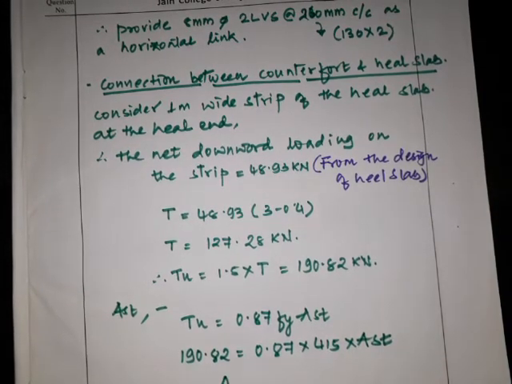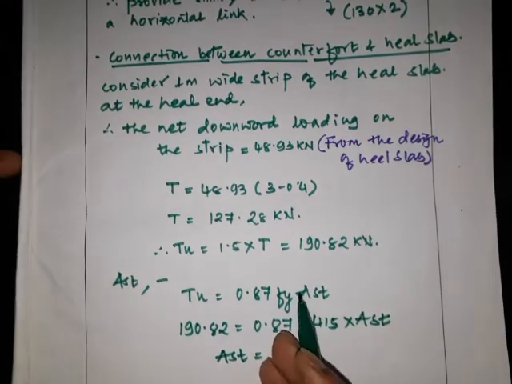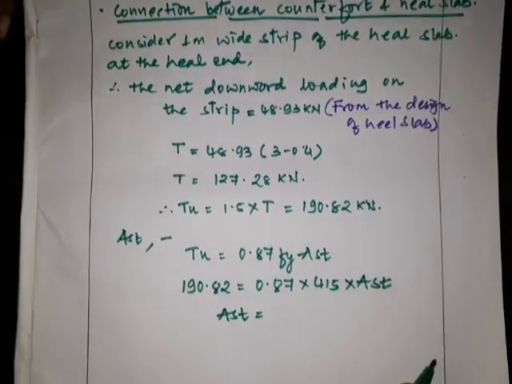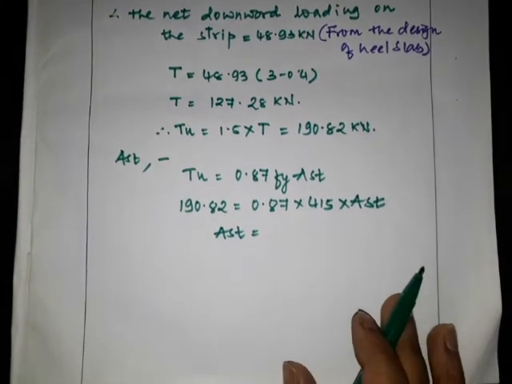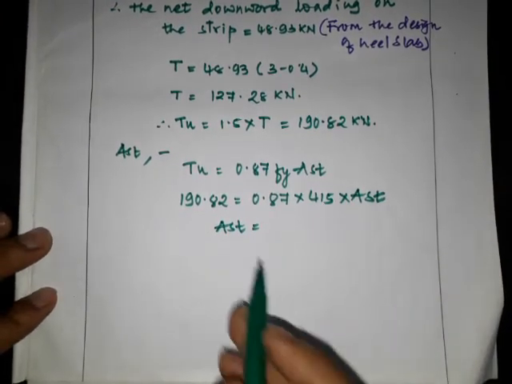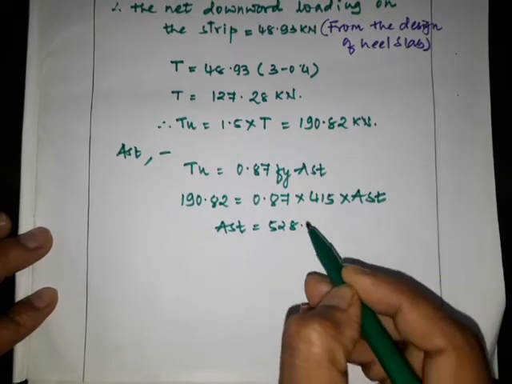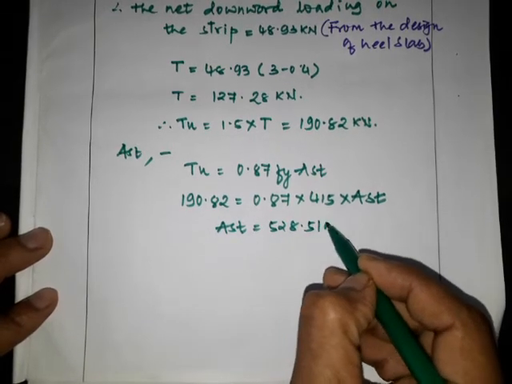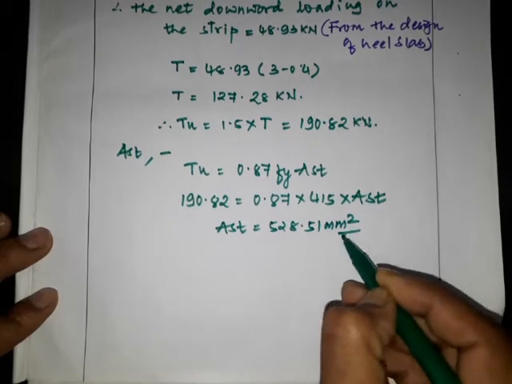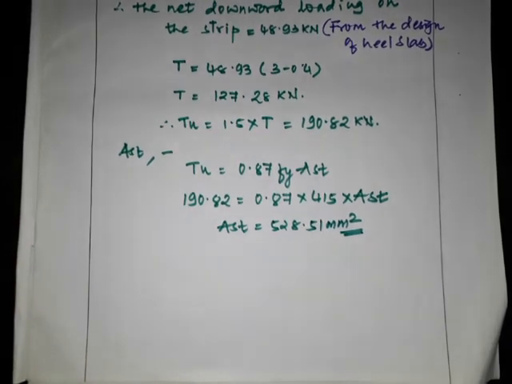So we get AST from this. The value of AST is 528.51 mm square. So this is the area of steel required to provide connection between heel slab and counterfort.